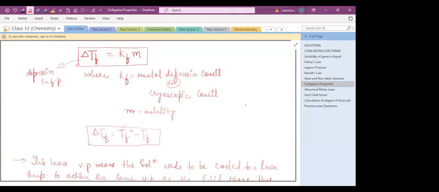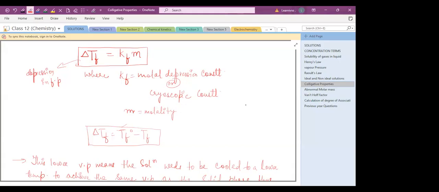Because car radiators will freeze in that chilled climatic condition. So ethylene glycol is an anti-freezing agent. It is added to the car radiators to prevent the water from freezing so that it cannot harm the engine, especially in cold climatic conditions.